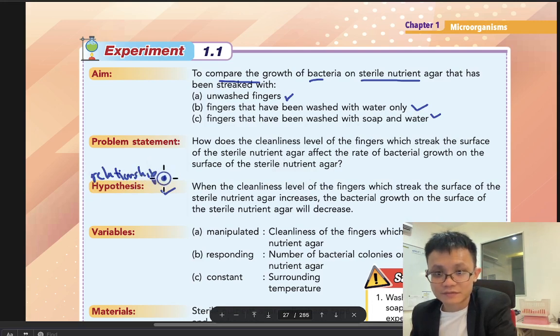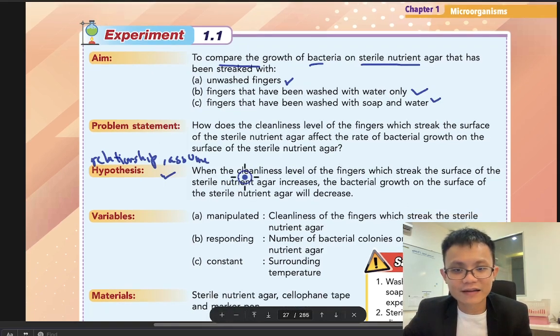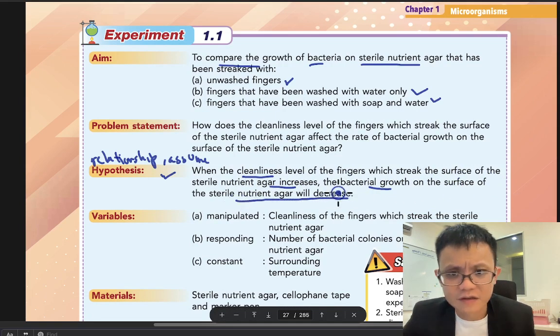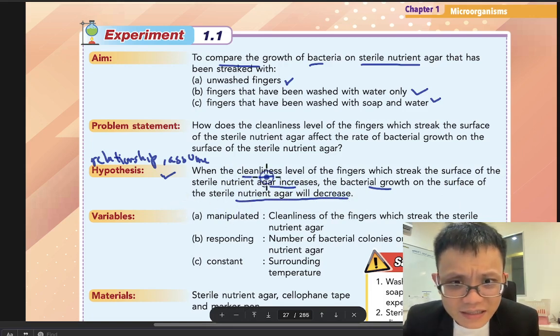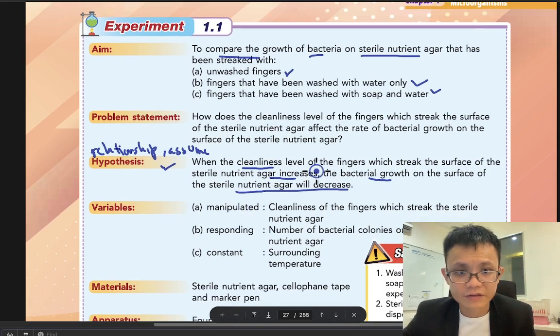But assume you don't know, you just guess. So you guess, when the cleanliness level of the finger streaked on the surface of sterilized agar increases, bacteria growth on the surface of the sterilized agar will decrease. What is this? Cleanliness level of finger streak on the surface of the sterilized agar increases, bacteria growth on the surface of the sterilized nutrient agar will decrease.